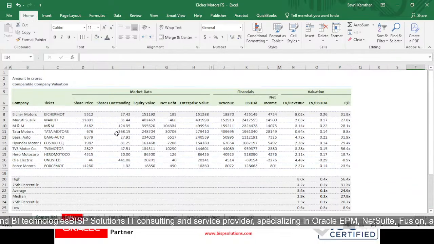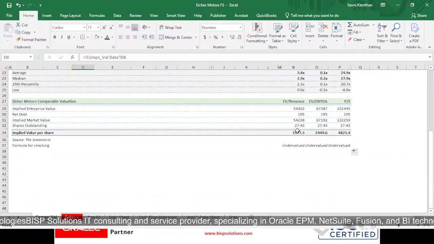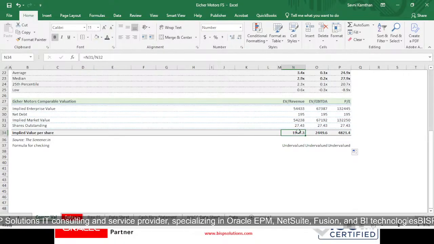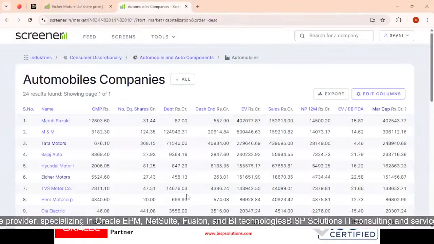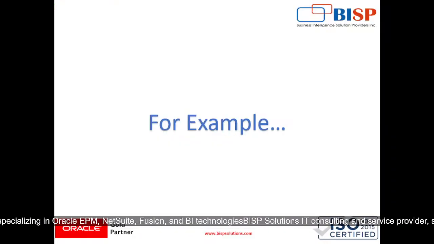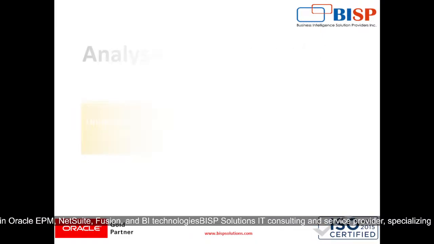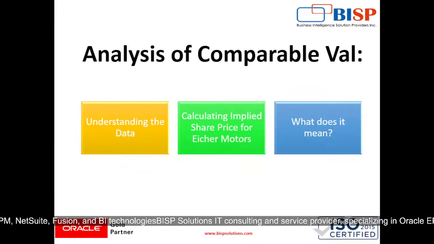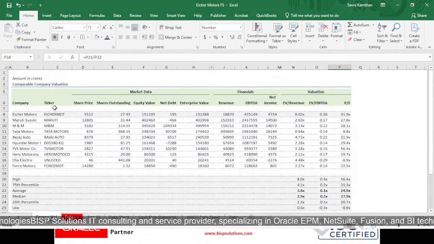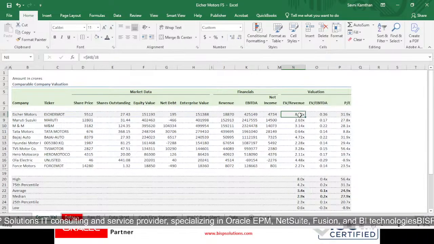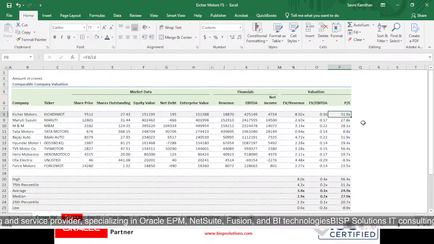It is undervalued because the share price is 5512 and our EV revenue, which is 1977, 2449 and 4821, which is undervalued, right? So in this, what we understand by this valuation, we understand the data, which means our Eicher Motors is 8.02x EV upon revenue, 0.36 EV upon EBITDA, and PE is 31.9x.